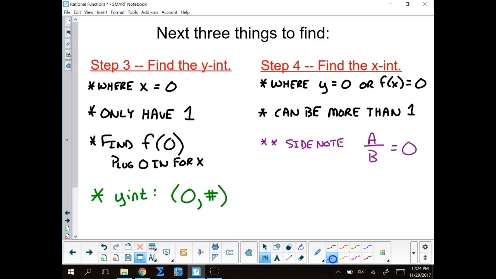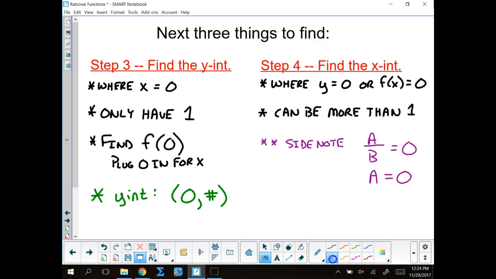Wouldn't that be 1? No. So, if A divided by B is equal to 0, what has to be true? A has to be 0. Not B, because then we'd be dividing by 0, right? A has to be 0.